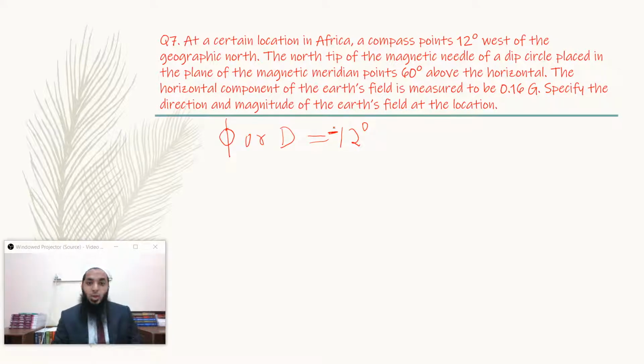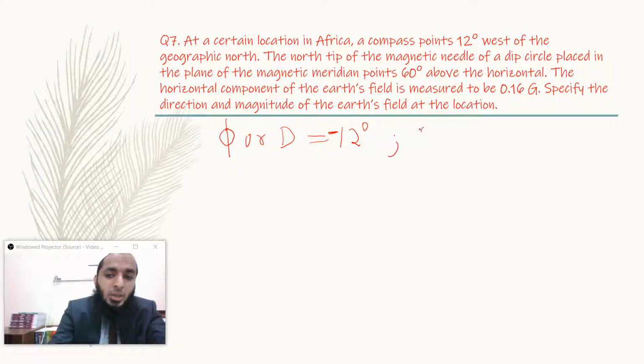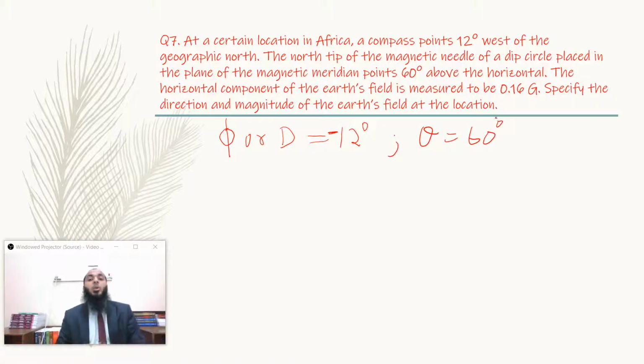Now next, the north tip of the magnetic needle of a dip circle placed in the plane of magnetic meridian points 60 degree above the horizontal. Now whether it is above or below, for us it is the angle of dip. So the angle of dip is nothing but 60 degree. Now why is above or below given?